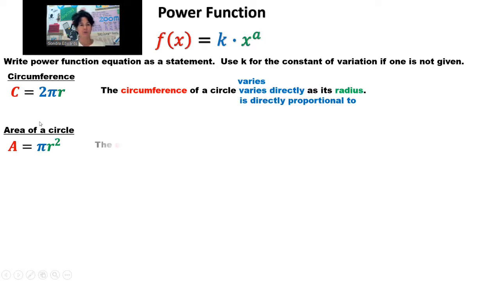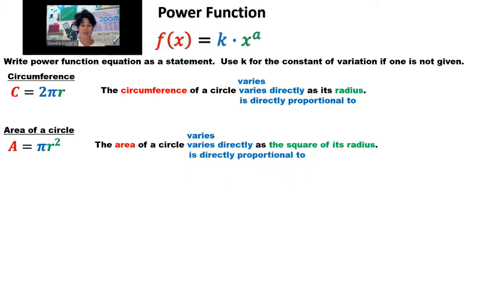So here we go. The area of a circle varies directly as the square of its radius. Now someone else might have said varies rather than varies directly, and another person may have said is directly proportional to. All three of these statements would be just fine.